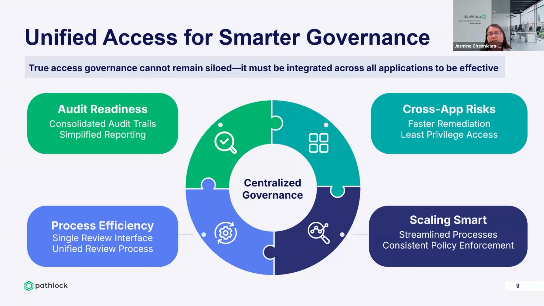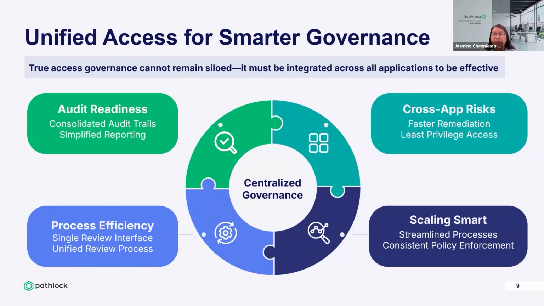With enterprise-wide access governance, process efficiency also improves. Instead of reviewing access separately for each application, for each SAP application, for each Workday application, and so forth, enterprise governance lets you do it in a single centralized interface. So reviewers themselves don't have to log into different systems or decipher different role names and chase data manually.